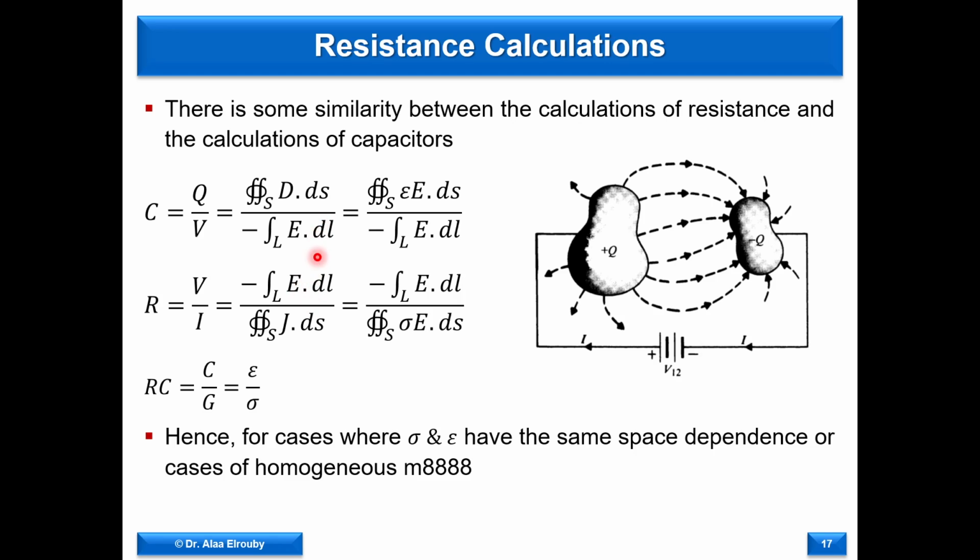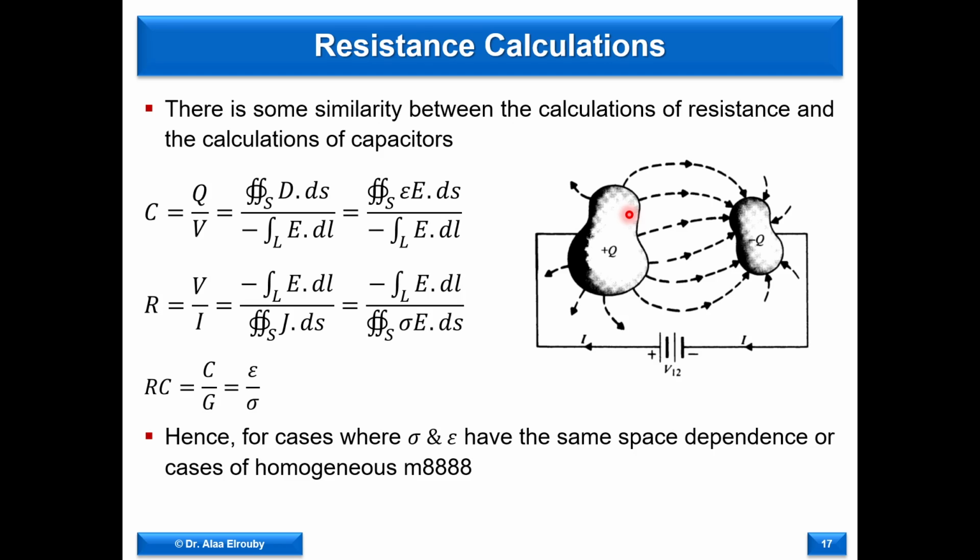So this is the same. You can see that here the charge equals epsilon E dot ds, and the current equals sigma E dot ds. So there is a similarity between R and 1 over C. We can say that R multiplied by C equals C divided by G, which equals epsilon over sigma.